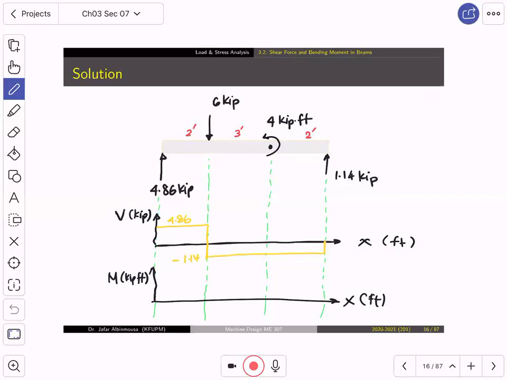Notice, guys, the fact that there is a moment right here does not change anything in the shear force diagram. It's a different animal. This diagram only looks at forces, vertical arrows.